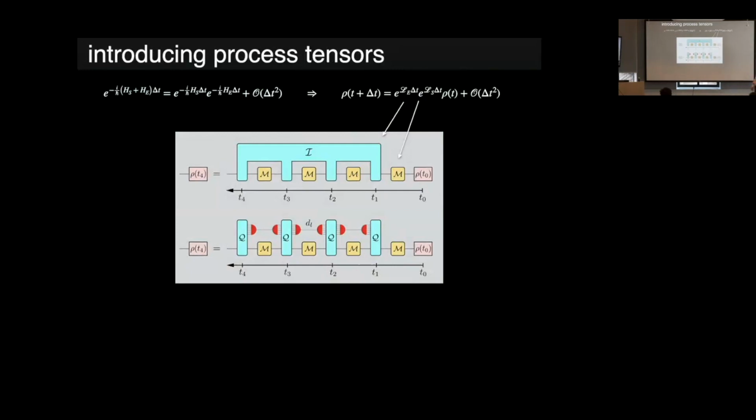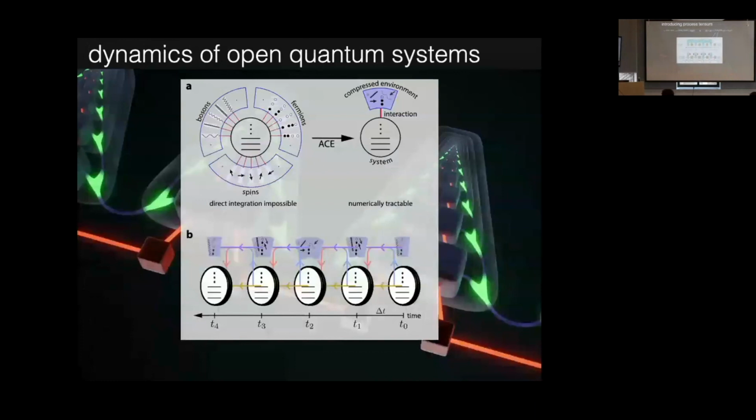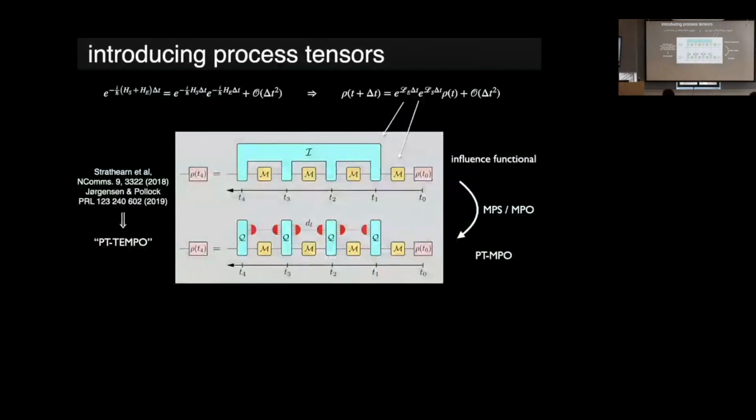Then our process tensor, or in this case I call it an influence function up here, encapsulates what the environment does to our system at different points in time. It has a capability to carry forward information and capture non-Markovian effects. I'll tell you how we construct that on the next slide.